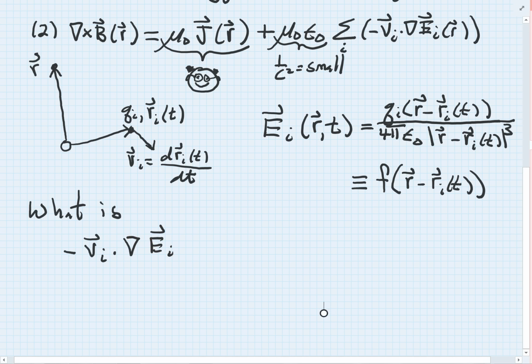Now, that quantity that we have up here, of course, depends on position r and also time t. What is that thing? Well, in our shorthand, that's minus v_i dot grad f, where f is my function that depends on the difference between r and r sub i at time t.